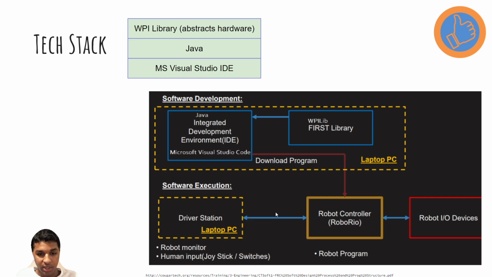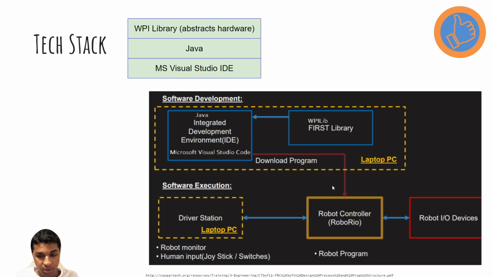So your RoboRio connects with the driver station, which in competition is what you see all your cameras with and what you connect your controllers to. So basically, it has human input: joysticks, buttons, switches, etc. And your RoboRio also controls all your motors, pneumatics, solenoids, and pretty much everything that you need your robot to do is going to be controlled by the RoboRio.